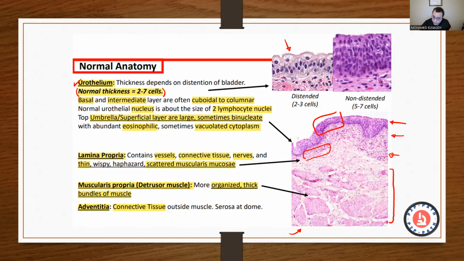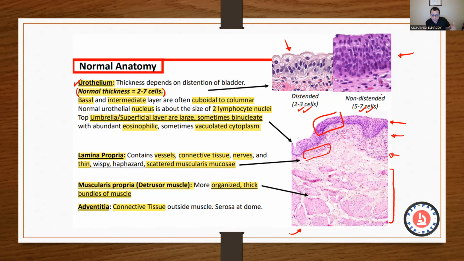So when the bladder is full, the lining will be about 2 to 3 cells. However, when the bladder is empty, a non-distended bladder, the number of cells in the lining increases to 5 to 7 cells. That's a characteristic of transitional epithelium.